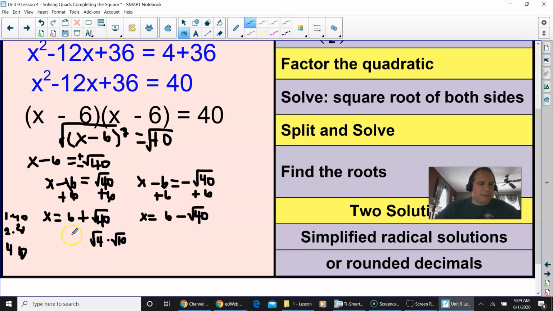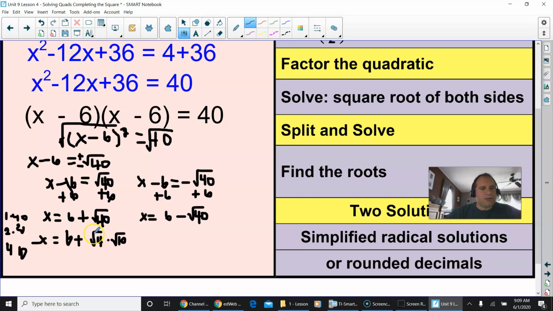So it is 6 plus the square root of 4 times the square root of 10, which equals the square root of 40. Square root of 4 is 2. So the way you write that is 6 plus 2 square root of 10.